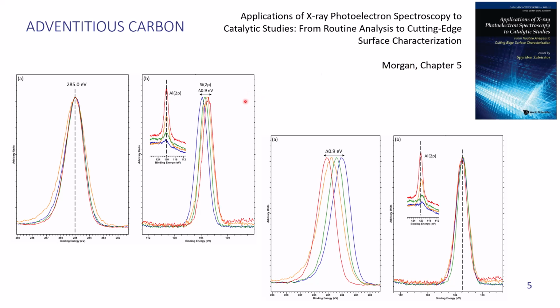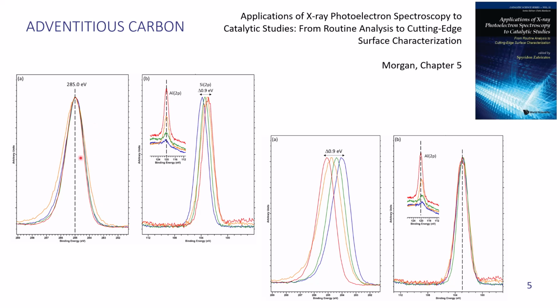But the key point I want to take here is we've taken the binding energy of 285 electron volts for the carbon. There's slight charging on one of the materials, but what we're doing here is altering the silicon-aluminium ratio, and by changing that ratio we're changing the surface basicity or acidity, whichever way you want to look at it, at the zeolite surface.